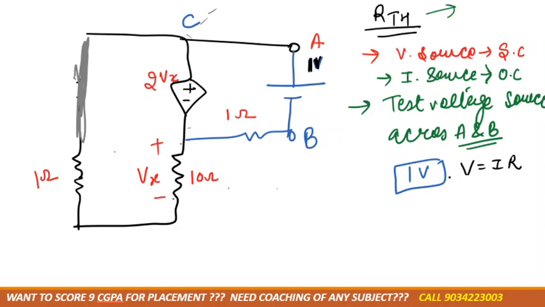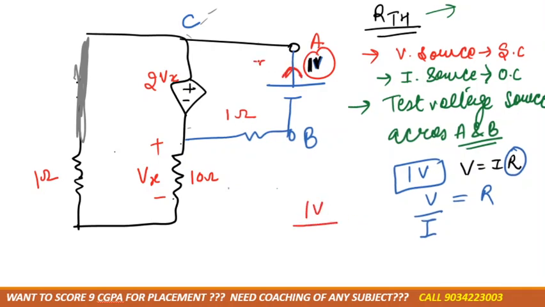Now, according to Ohm's law, V is equal to I into R, right? So if we want to calculate R, then R is how much? V divided by I? Voltage is how much? 1 volt. So I'll write down 1 volt. Let us consider the current flowing here would be I naught. Okay. So 1 volt divided by I naught would be equal to RTH.